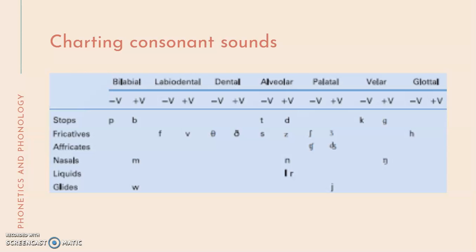We can see on the screen a chart where we can identify if the consonant is voiced or unvoiced. And we can also find the manner of articulation or the place of articulation.